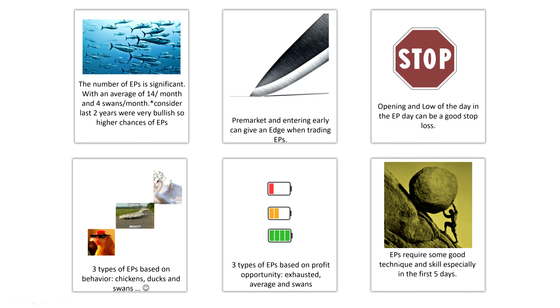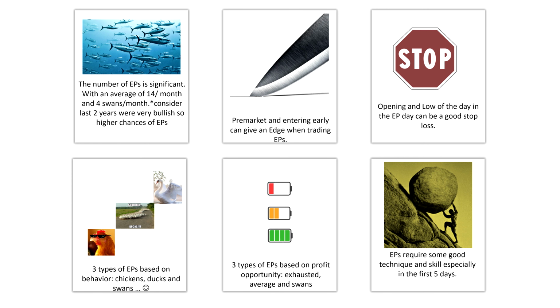And last one, EPs require some good technique and skill, especially in the first 5 days. The first 5 days are unusually intense with events. This is most likely when the highest profit is. This is also when you will most likely get challenged on your stop loss.